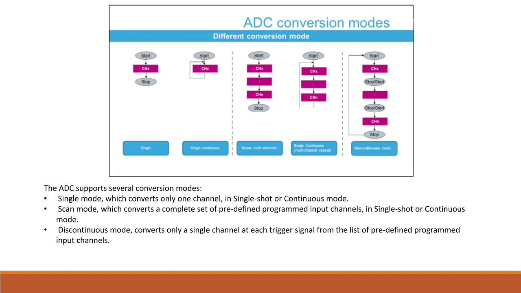You can see a loop back to the start. Single mode converts only one channel in single shot or continuous mode. Scan mode converts a complete set of predefined programmed input channels in single shot or continuous mode. Discontinuous mode converts only a single channel at each trigger signal from the list of predefined programmed input channels.